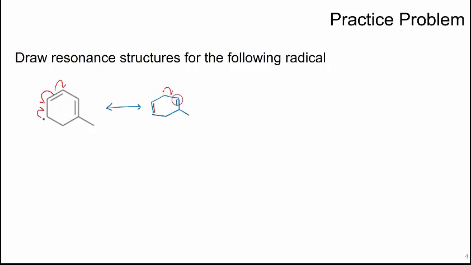And we can put one electron here, one there, that one there. So there's a new bond that formed from these two electrons, and that single electron from this pi bond is now on this carbon here. So this would be a more stable radical than the one here, because it's on a tertiary allylic position.